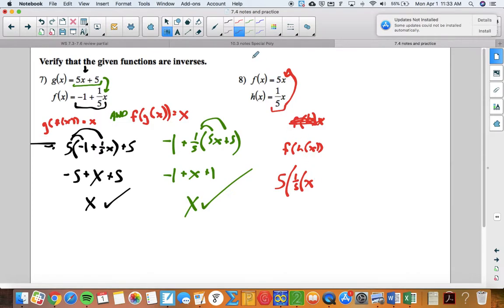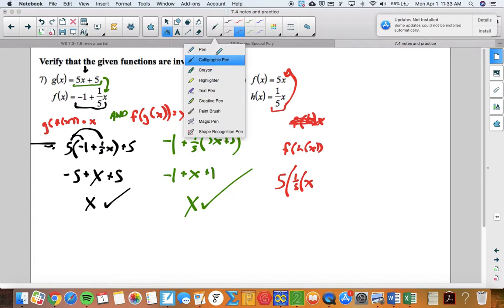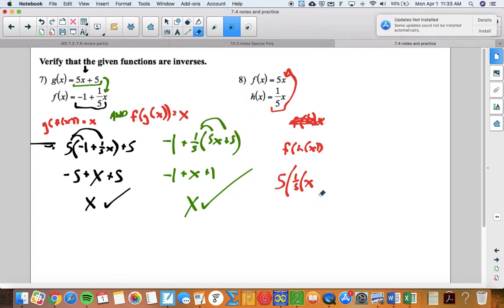I don't need the other parentheses. So again, we're taking 5 times whatever the function h is, and h is 1/5 x. So there we are. And now I just multiply 5 times 1/5, which is 1, with x. There we go. So this works. This gives me an x.